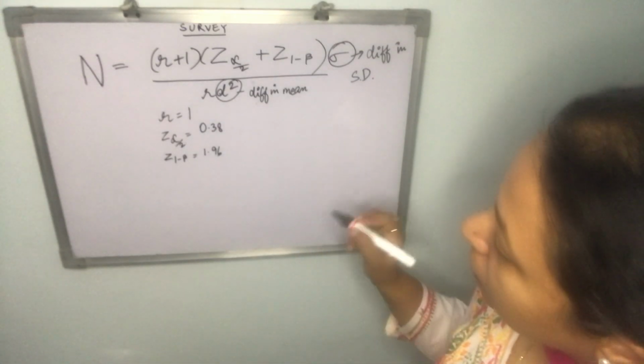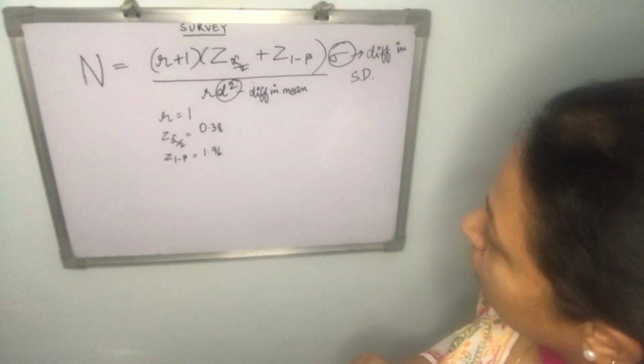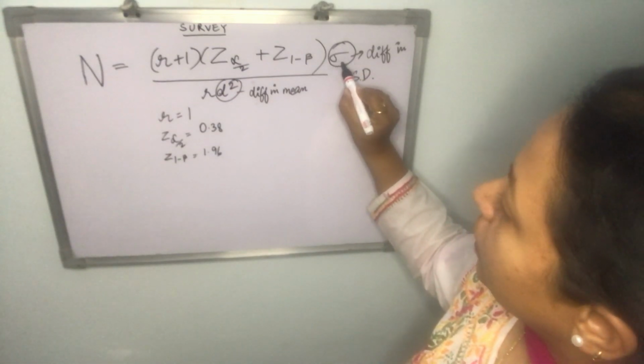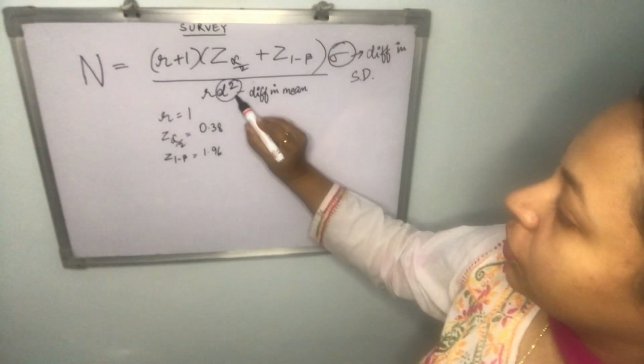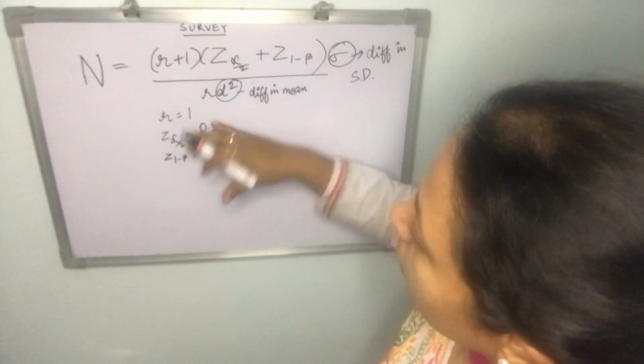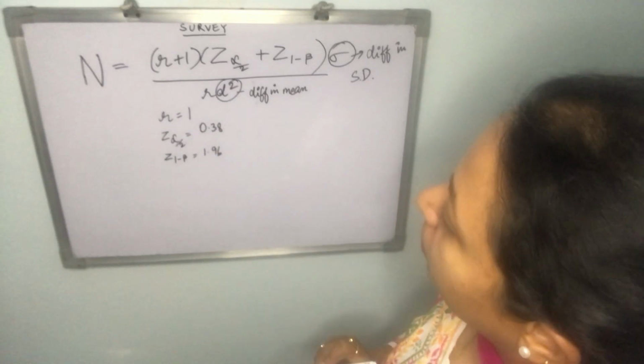So when we put these values inside this equation, all we have to look for is this difference in standard deviation and difference in mean. Rest all the values you can straight away put because we know them for sure.